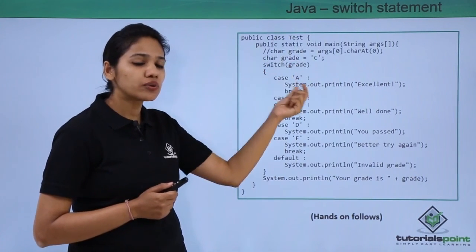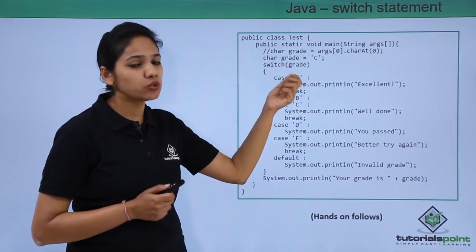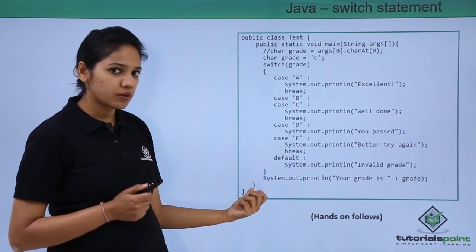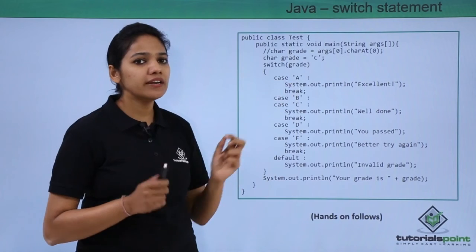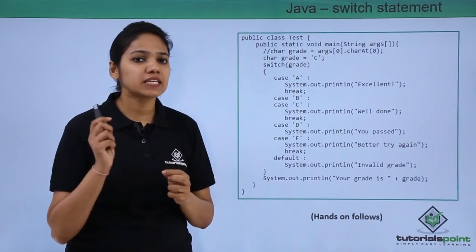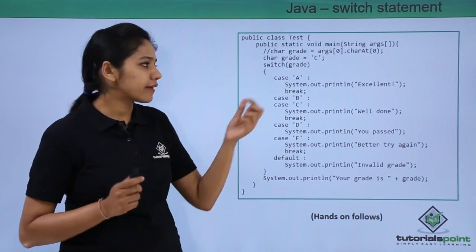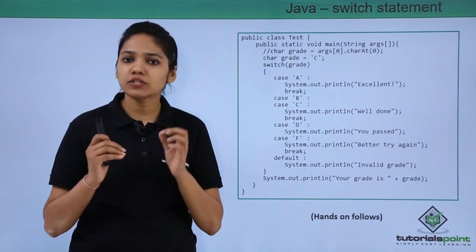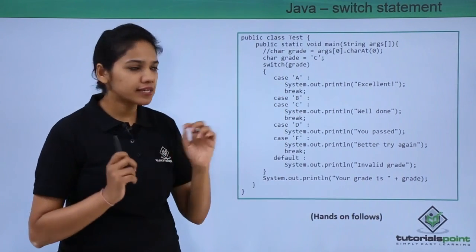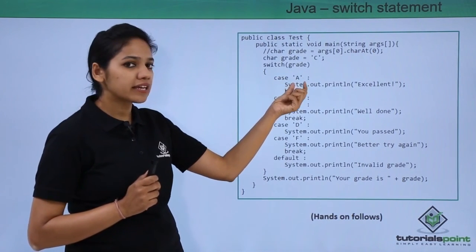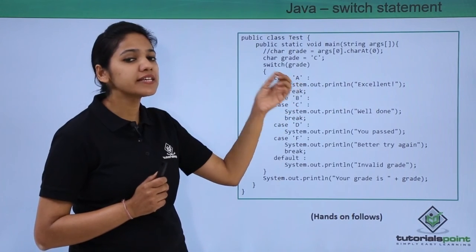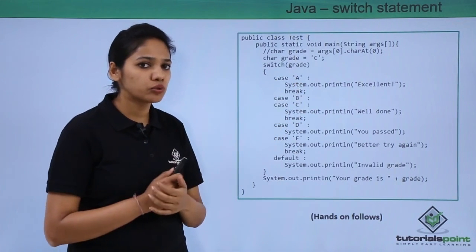In the brackets, you write the variable name that you want to compare with, then open and close braces. Then you write the first case, and this case keyword starts with a lowercase letter. Because your case value is of char type, you provide it in single quotes. You write case 'A' followed by a colon. This colon is necessary, otherwise it will throw an error.